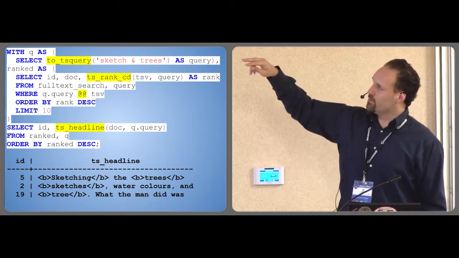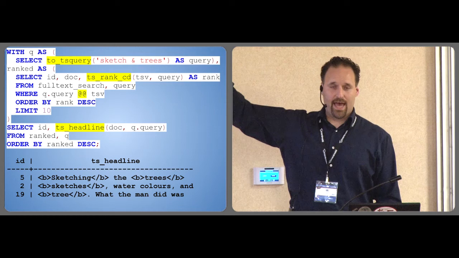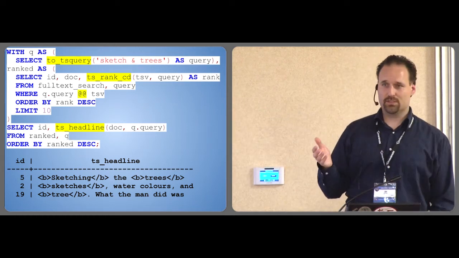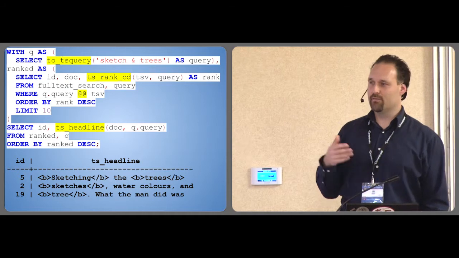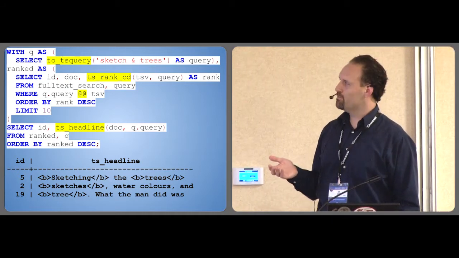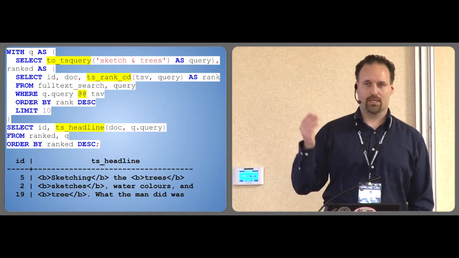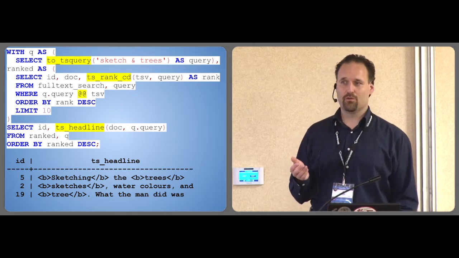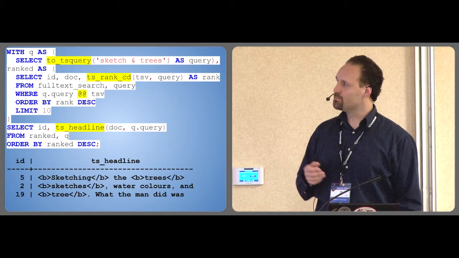So we're doing that by using the @@ operator. The @@ operator, one of the fun things with PostgreSQL is that different data types can have different operators defined for them. @@ is the text search match operator in this case. You'll find many other ones if you've used PostgreSQL before and use different data types.